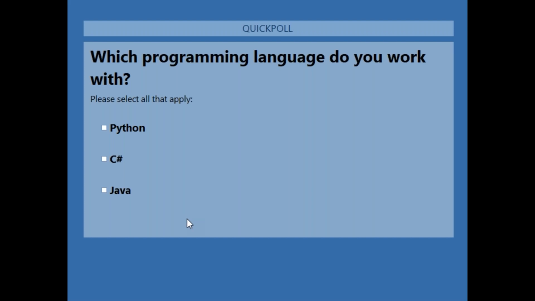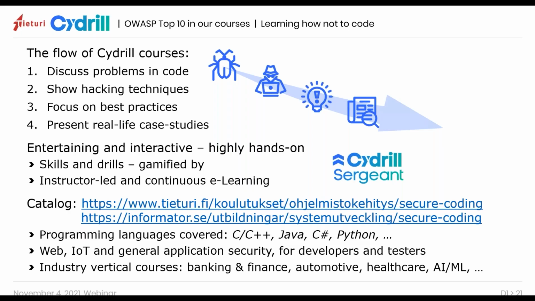And yeah, this is all a gamified process, as you have seen, controlled by the Cydrill Sergeant, which is embedded inside the development environments of whichever programming language we are talking about, whether it's Java, C#, Python, Ruby, or C and C++ for lower level code. So Visual Studio, IntelliJ IDEA, or Visual Studio Code as some examples for IDEs.